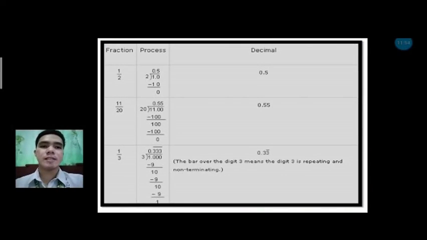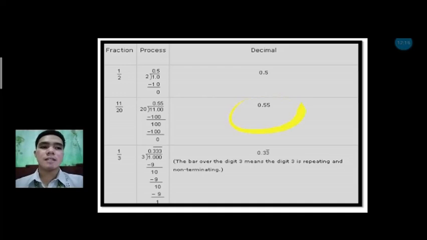So next, some more examples. As you can see, fraction 1/2, we will divide it using long division, that is 0.5 in decimal. 11 over 20, we will use long division. You can pause it for you to review the process.